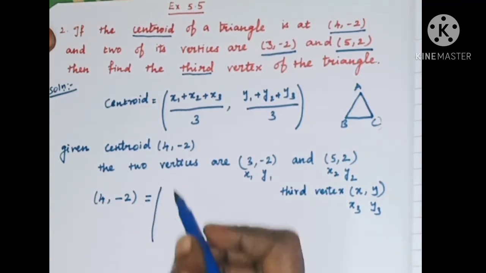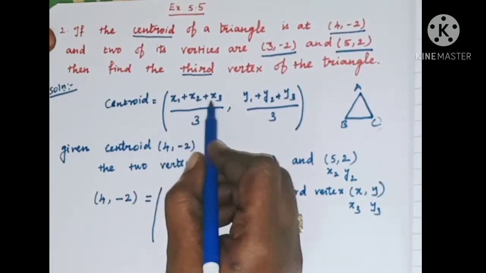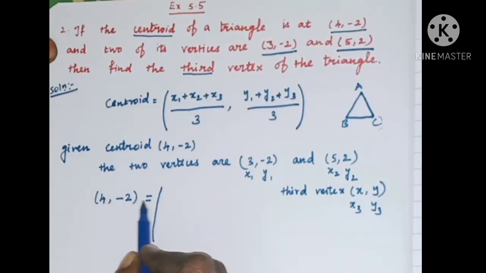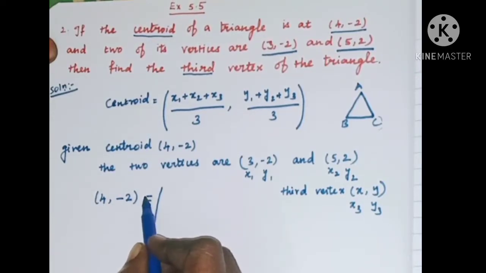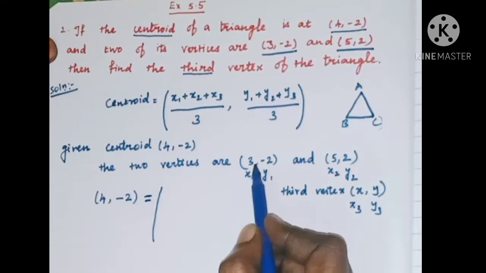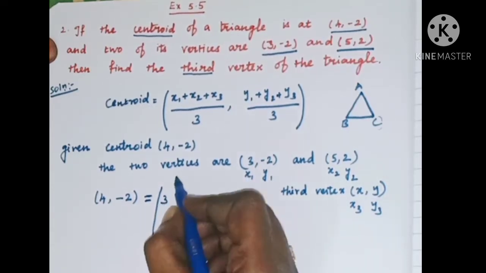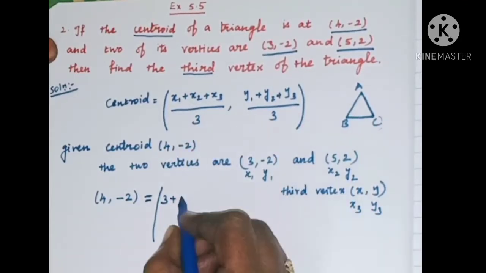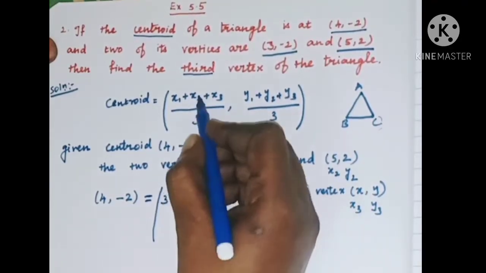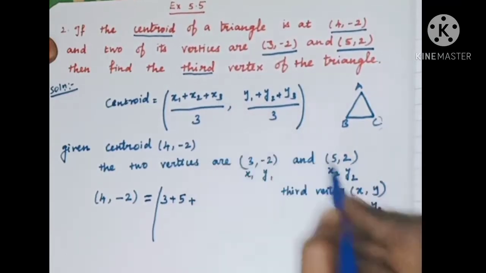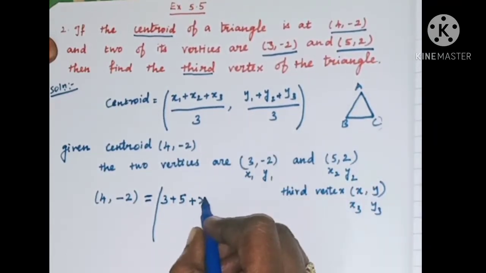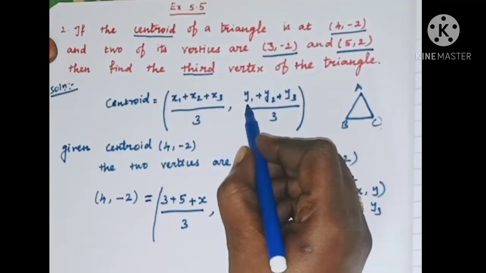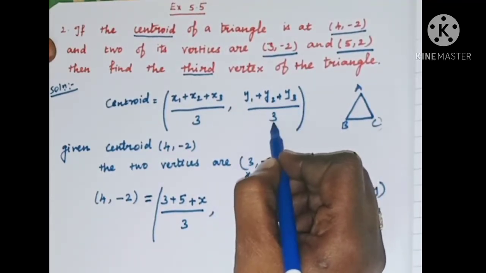Now we have to substitute the values of x1, x2, x3 in this formula. Given centroid is (4, minus 2), which is equal to: the value of x1 is 3 plus x2, which is 5, plus x3, which is x, divided by 3, comma, next y1 plus y2 plus y3 divided by 3.